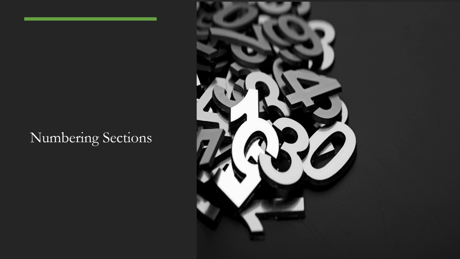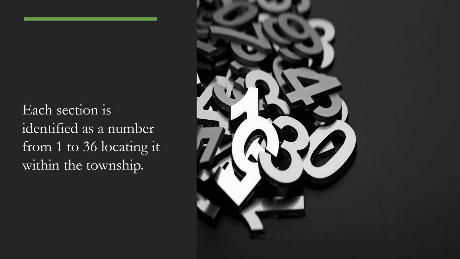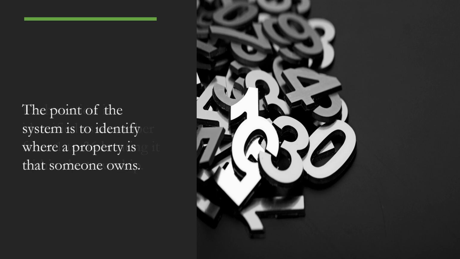Numbering sections. Each section is identified as a number from 1 to 36, locating it within the township. The point of the system is to identify where a property is that someone owns.